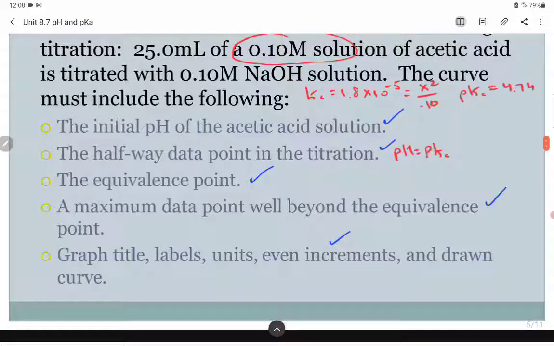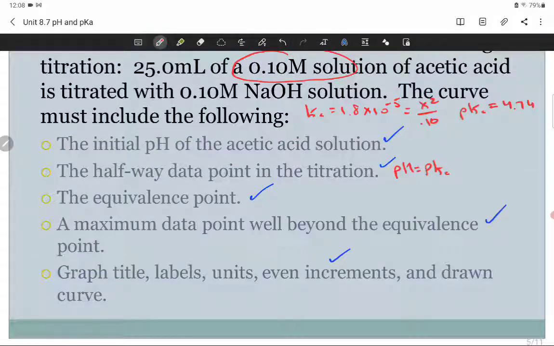The equivalence point, remember that you have a couple things going on here. We have the weak acid getting neutralized, and it's going to make water, which we don't care about, and A minus, which we really care about. The A minus then impacts water, and it has the ability to produce hydroxide.